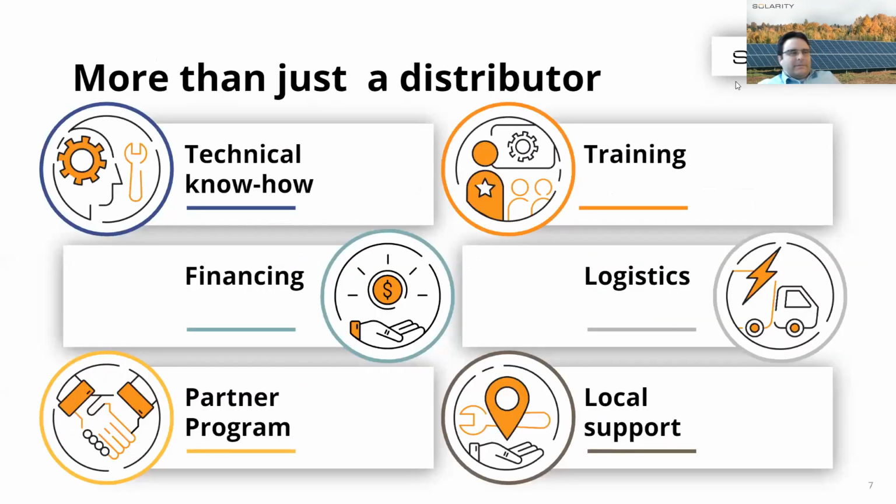So how did we become a value-added distributor? There are 6 main pillars of the business. I already mentioned the technical know-how. We started out as an EPC ourselves back in the day, and we help our EPC partners today with the initial design of the PV and suggestions on how to solve very complicated projects: complicated rooftops, commercial rooftops, residential rooftops. We also have trainings, which are quite important on a constant basis, and webinars on site.